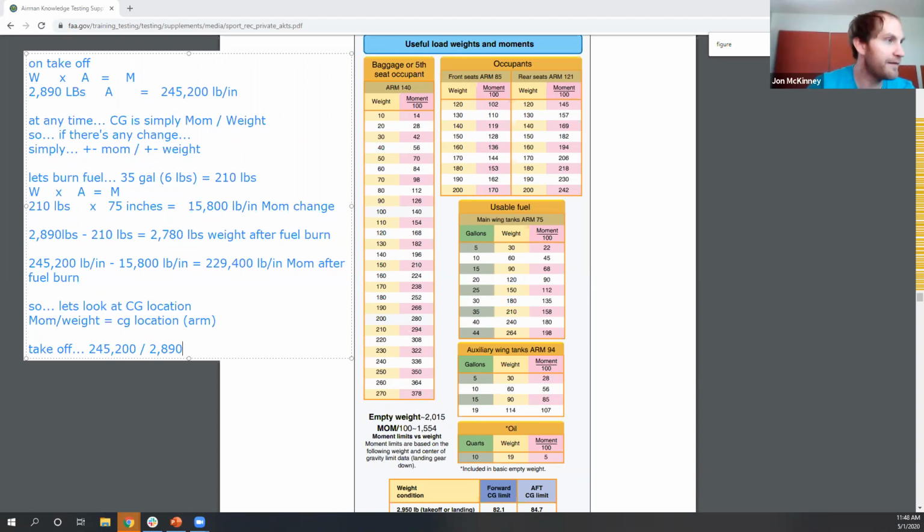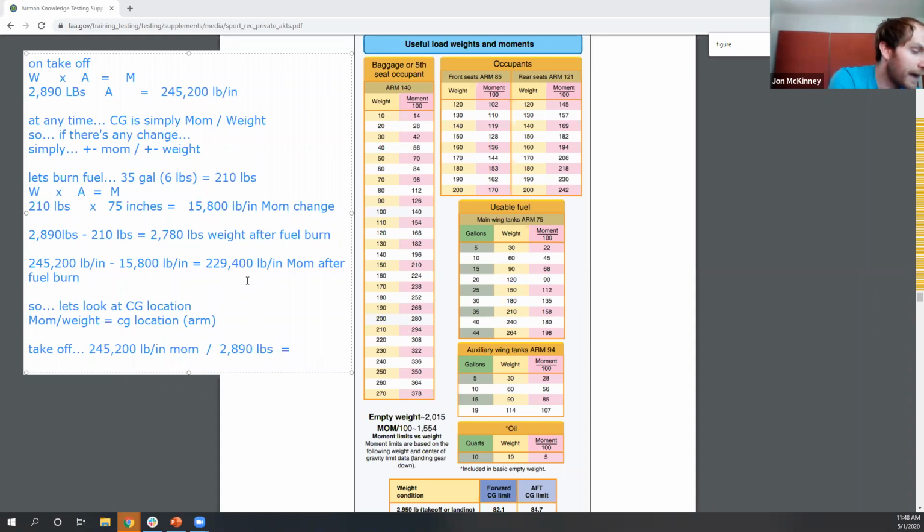And I should label these things. That helps people out. So 245,200 was pound-inches. That was a moment. And then there's our division symbol because we're going to divide by 2,890 pounds. And so I get an equal sign to find my CG location.